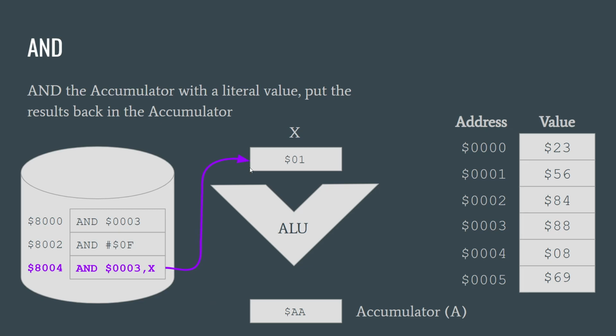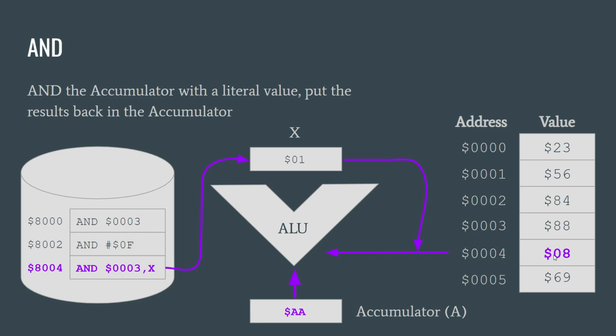So here, if we have X equal to 1, and we execute this instruction, then the ALU is going to take the value at address 4, right? Because we have a base address of 3, plus our offset of 1, equals address 4.